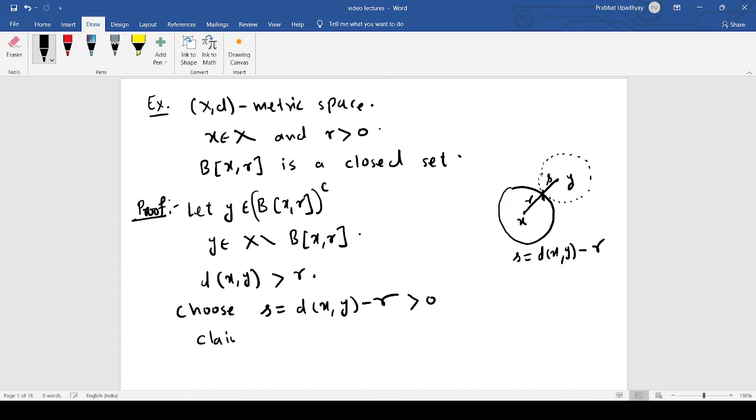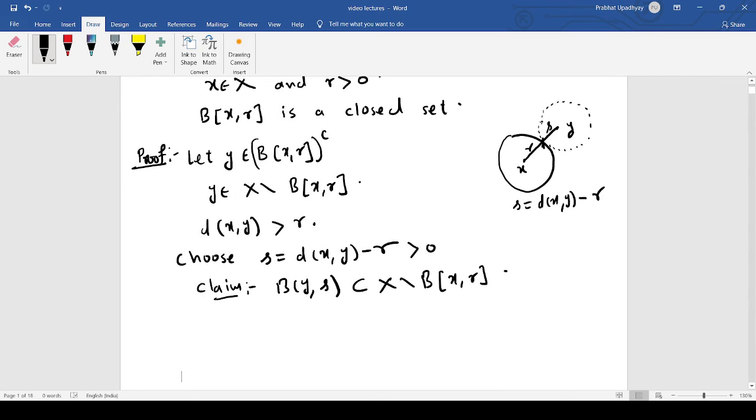So my claim is B(y, s), that is the open ball centered at y of radius s, lies totally inside the complement of my closed ball B(x, r). So let an element z belong to B(y, s). This will imply the distance between y and z is strictly less than s.